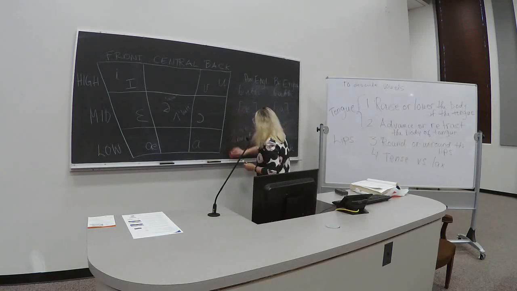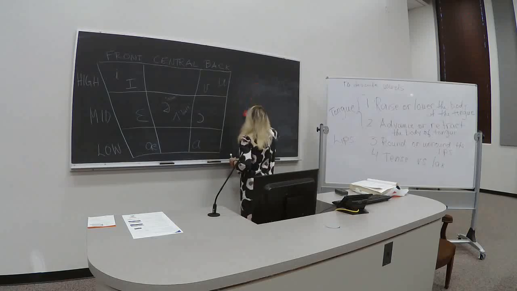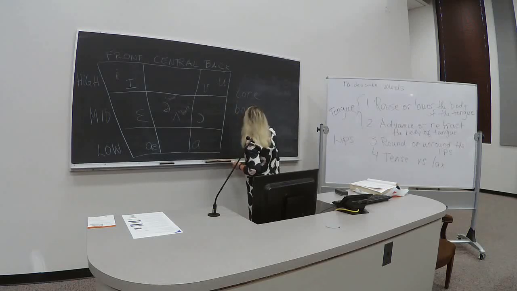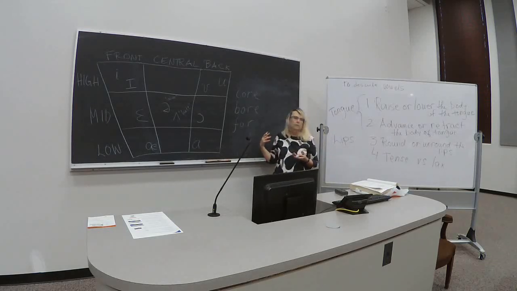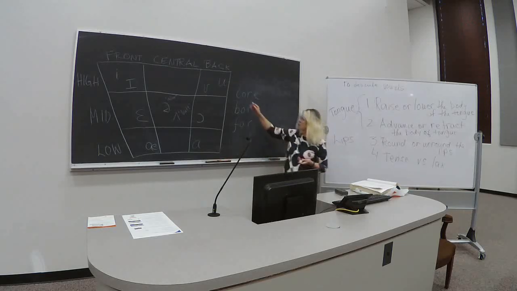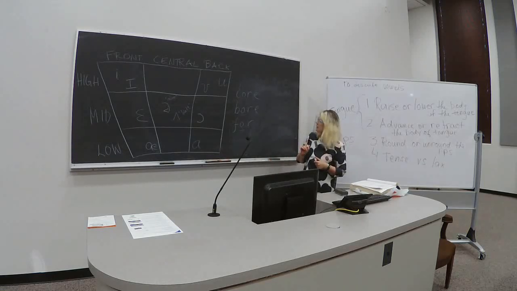That is the sound that we find in these kinds of words: core, bore, for. It's the O in the middle, but it's not a tense O. We have a tense O too, but here we don't use the tense O. That's the sound that is the open O.